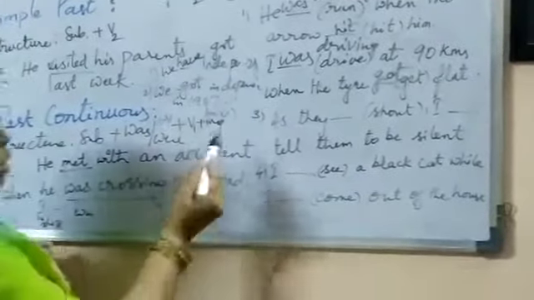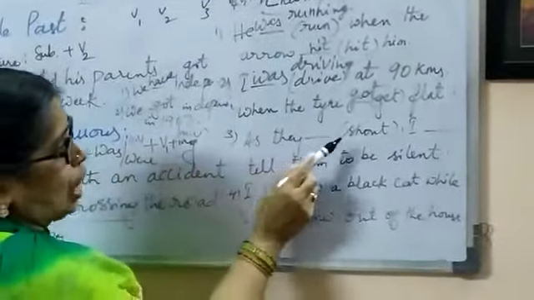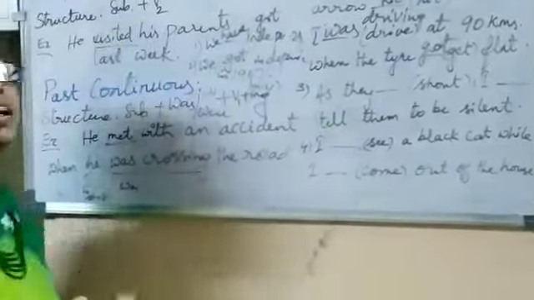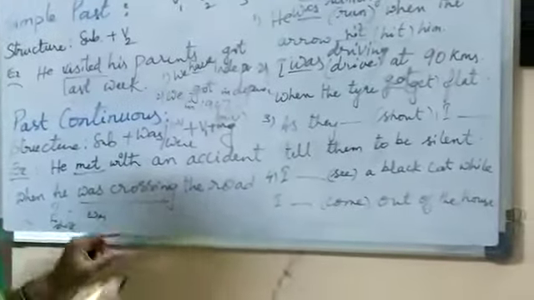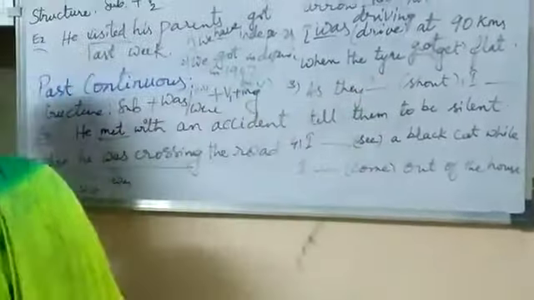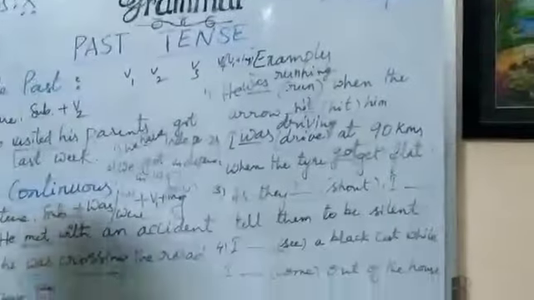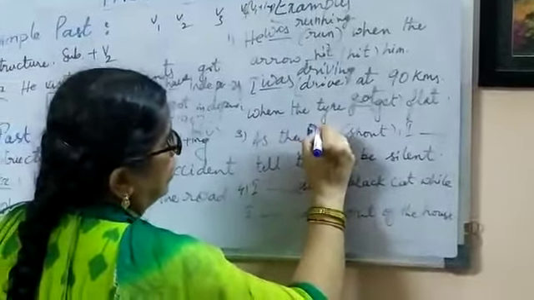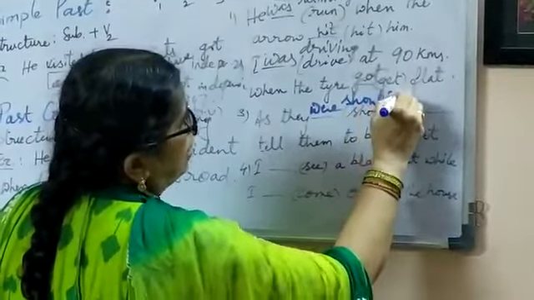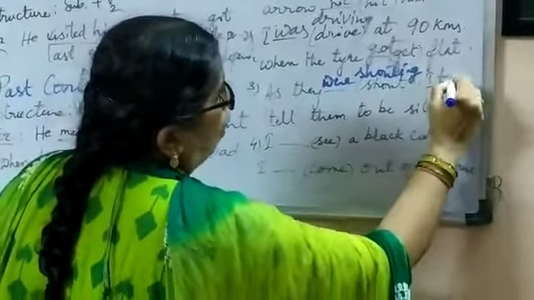Now coming to the third one: as they dash shout, I tell them to be quiet. What action was going on here? Shouting only. As they were shouting, I told them.